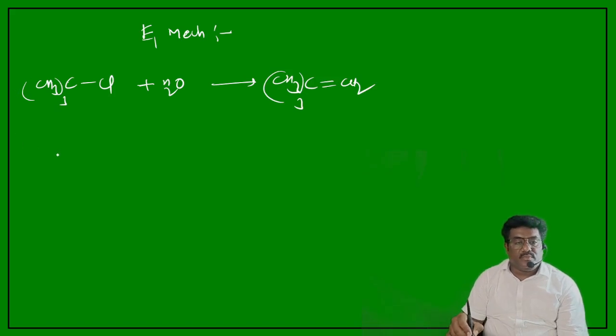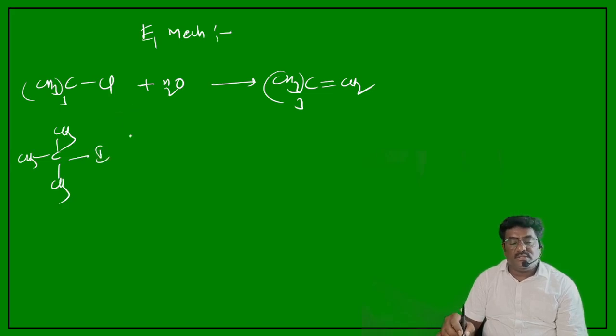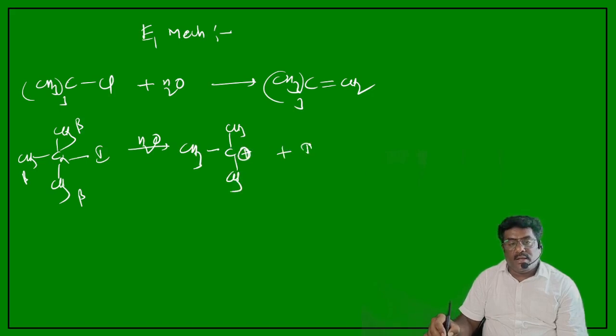In (CH3)3C with, for example, iodine or chlorine present in H2O, it is the alpha position, and these are beta positions, all the same. So eliminating any one beta position, it forms (CH3)3C plus and I minus.